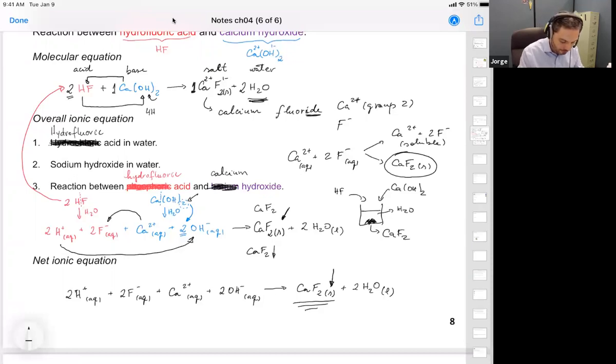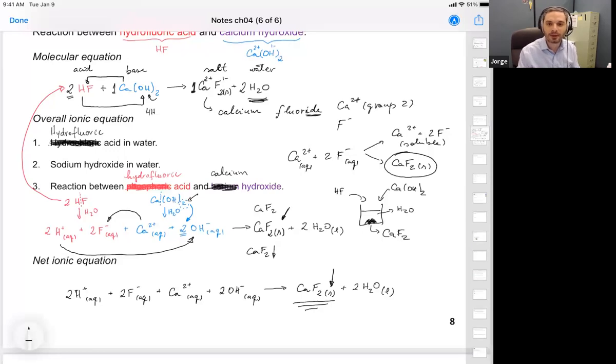And the same thing for Ca2 plus. You don't have Ca2 plus by itself, okay? Ca is now combined with fluorine, therefore it cannot be canceled. And finally, OH minus, you don't have on both sides, it cannot be canceled as well.